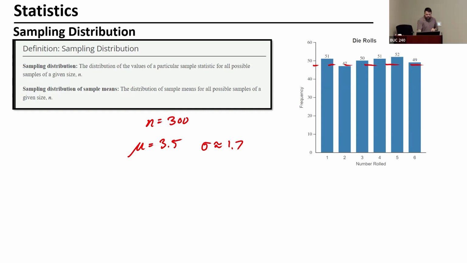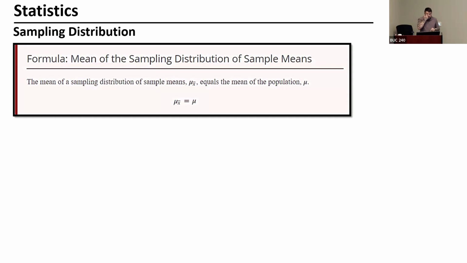Let me show you how this works. First off, you need to start remembering some new notation. If you can't see that, let me rewrite it a little bit bigger. Remember, this is not going to be your eventual terminology. Right now, we're doing what we call proof of concept of the central limit theorem. So they're going to give you some wonky notation. Some of you may be looking at this going, that says mu. Mu means population.